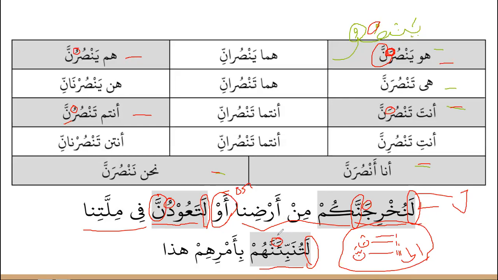Tunabbi'anna means you will most definitely inform them, surely, no doubt about it, bi amrihim kada, about their matter. So you are definitely going to inform them about their matter, but that definitely is so much emphatic over here.